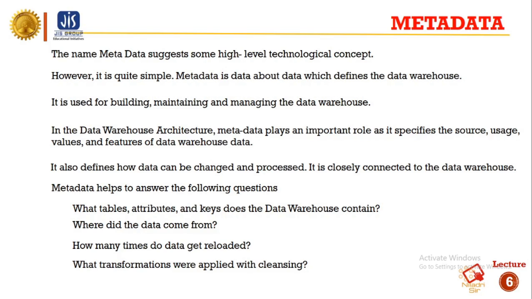It can be characterized into two types. Number one is technical metadata, and the second one is business metadata. Technical metadata comprises information that can be used by developers and managers when executing warehouse development and administration tasks, and business metadata comprises information that offers an easily understandable standpoint of the data stored in the warehouse.